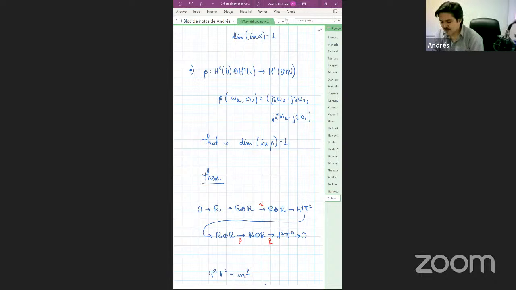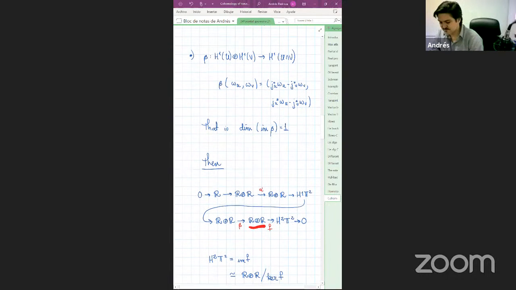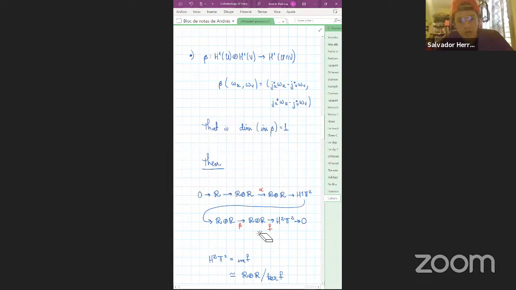Right? But now, by linear algebra, the dimension of the image of f is the domain over the kernel. Okay? We have that. And now, again, we use the fact that we have an exact sequence. So the kernel of f is equal to what? The image of beta.